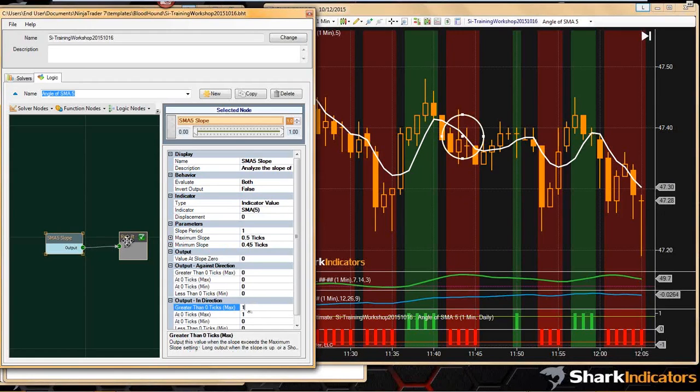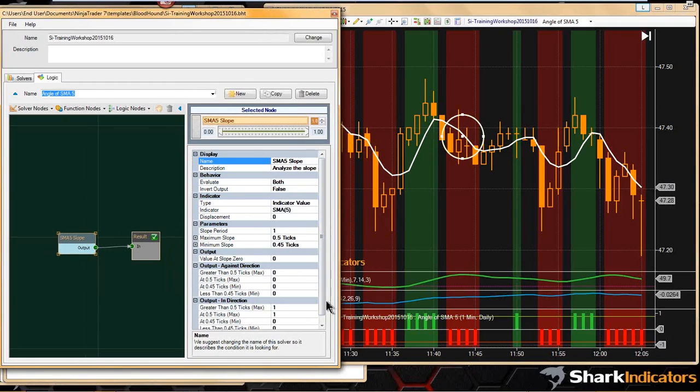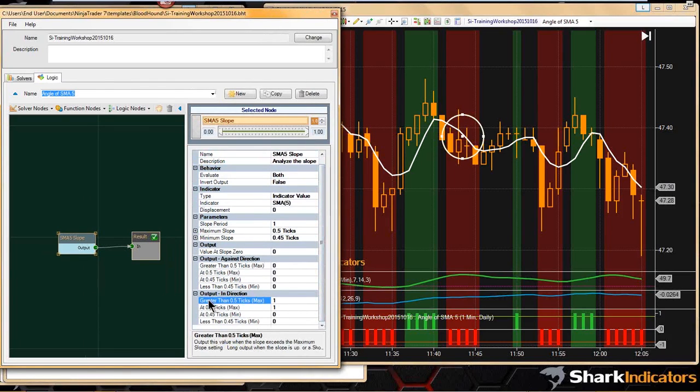Let me click off here. There we go. So we have this output here that says greater than 0.5 ticks. If you're trying to find a specific angle, you don't want to know if the SMA 5 is greater than that angle.